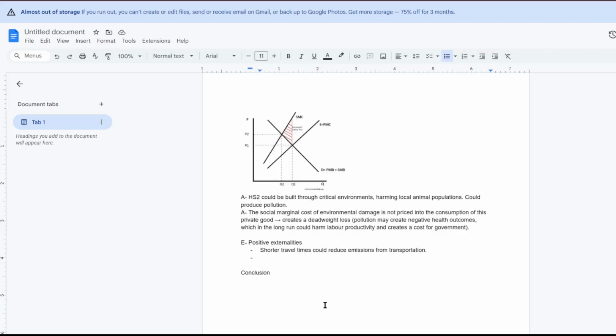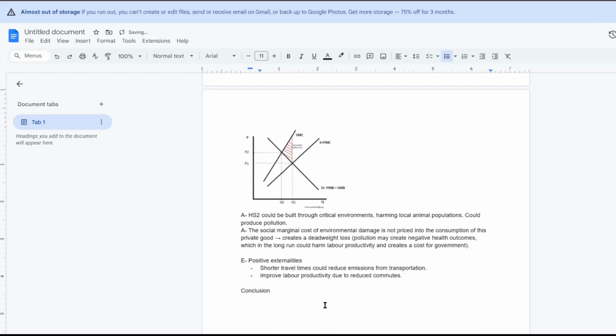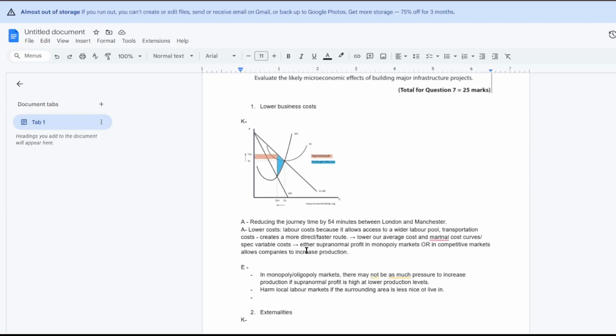We might have improved labor productivity due to reduced commutes. Stuff like this would make sense, right? Can I think of a real world example of large infrastructure projects harming? I'm sure I could. I can't think of it right now.